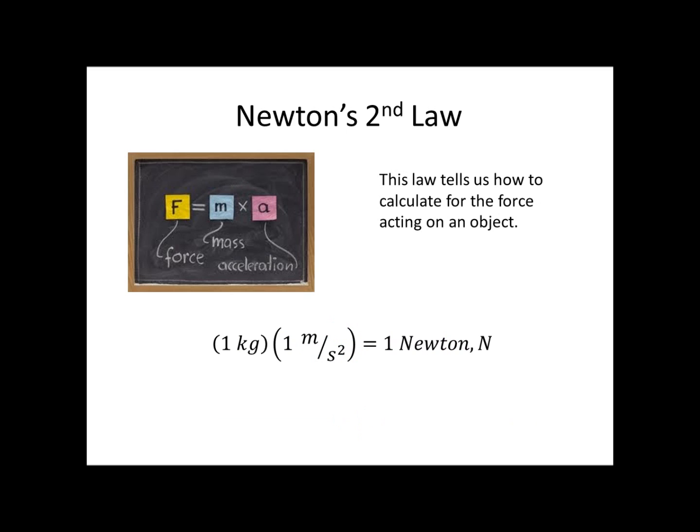Now, this law tells us how to calculate the force acting on an object, and if you take 1 kilogram of mass, that's the standard unit for mass in physics, and you multiply by 1 meter per second squared, that's the standard unit for acceleration, you get 1 Newton of force. Now Newton didn't name it himself, we did that later in honor of him. So the standard unit for force is the Newton.